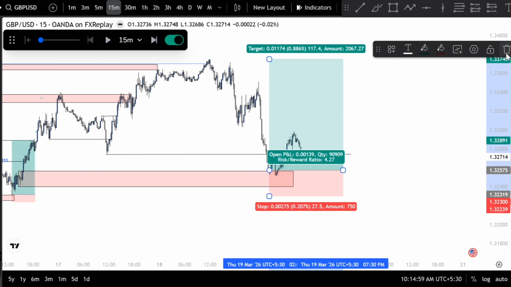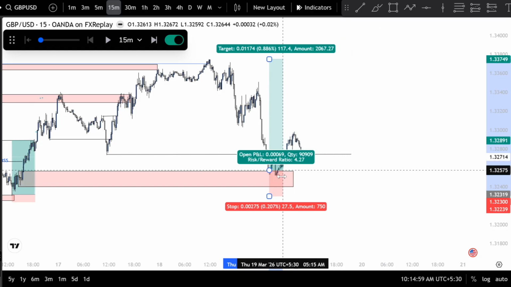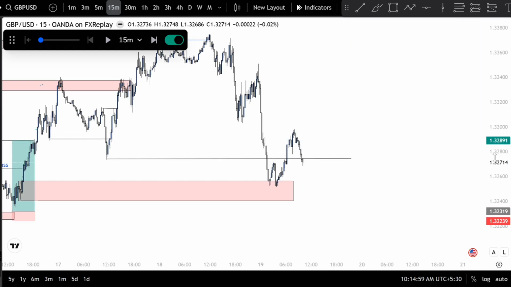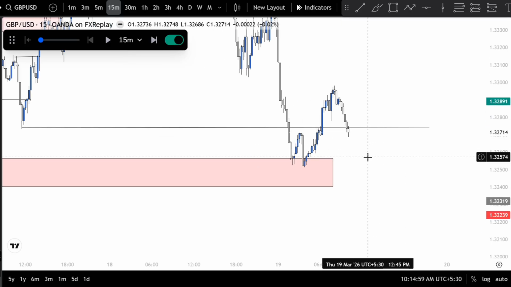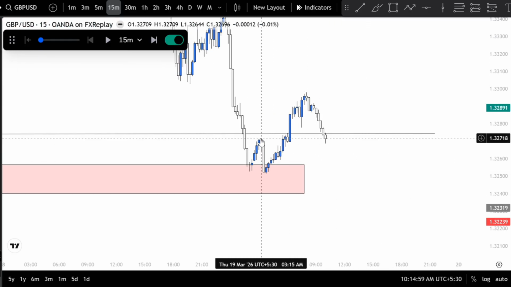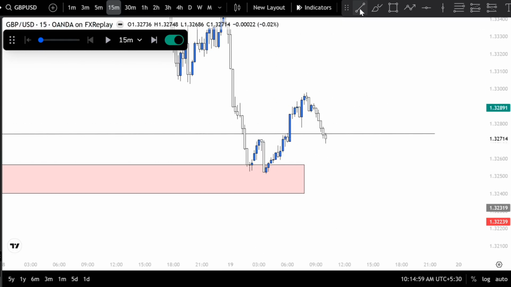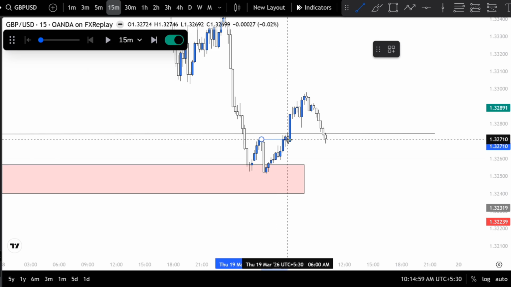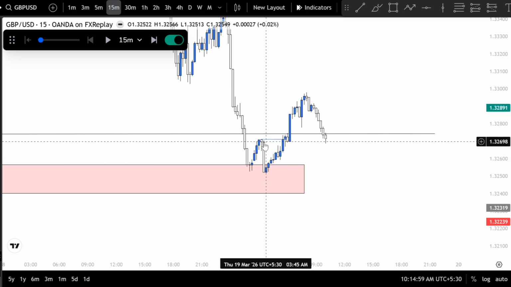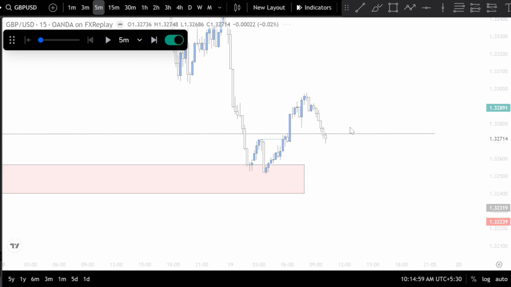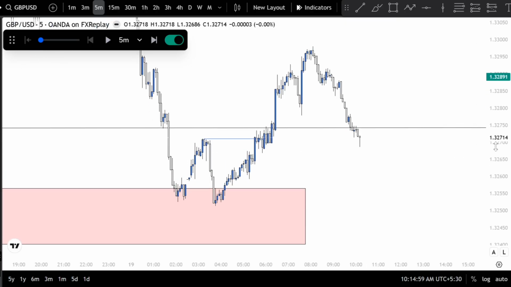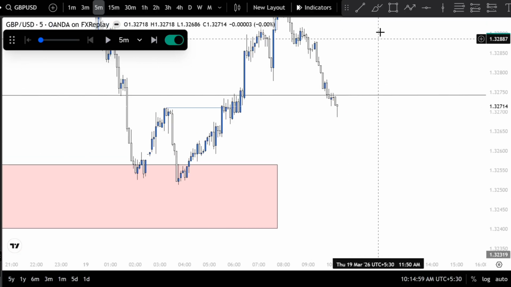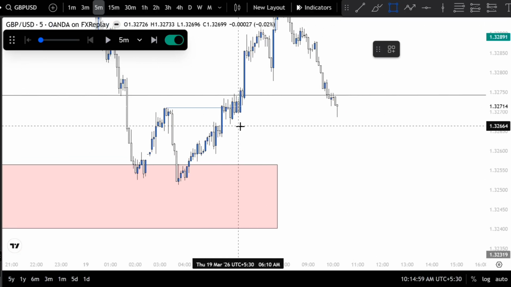Now, if we follow our rule here, this is change of character. No, sorry, not change of character. This is market structure shift, right? Body close above this high. Perfect. Let's go into the 5 minutes to see if we can take any sniper entries.